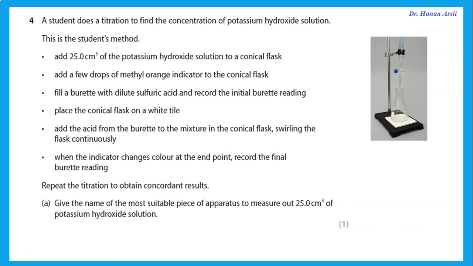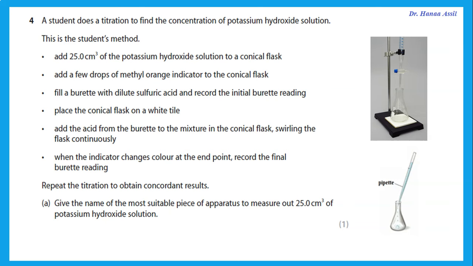Place the conical flask on a white tile. Add the acid from the burette to the mixture in the conical flask, swirling the flask continuously. When the indicator changes color at the end point, record the final burette reading. And then we're supposed to repeat the titration to obtain concordant results.